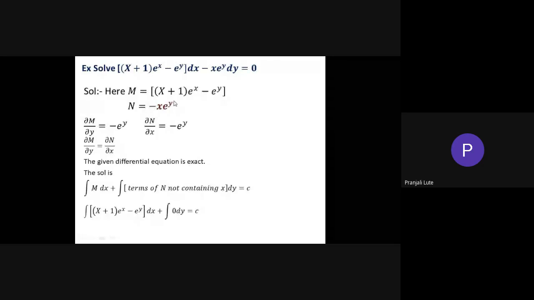Means in this N you have to observe that there is a single term, and this whole term is containing x. But your condition is terms of N not containing x. So there is no term not containing x. So here write down 0 dy equals c.